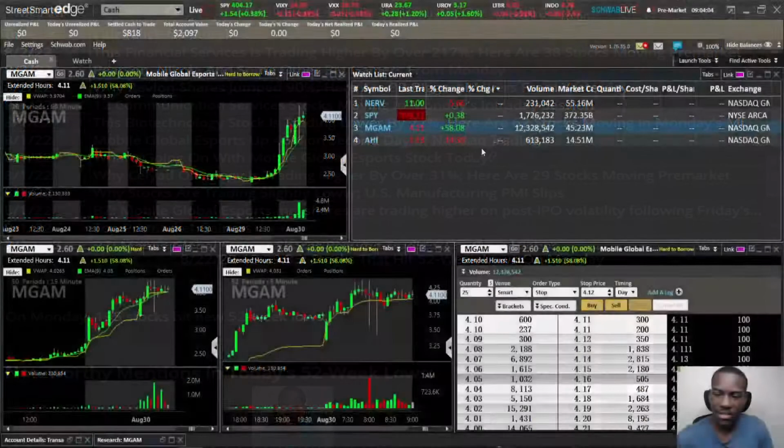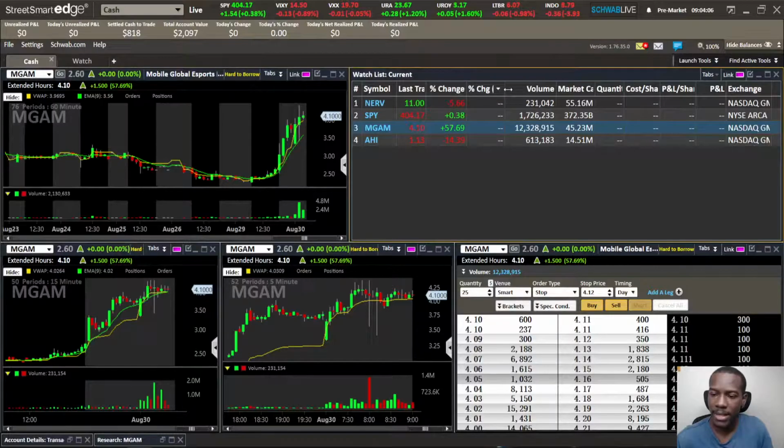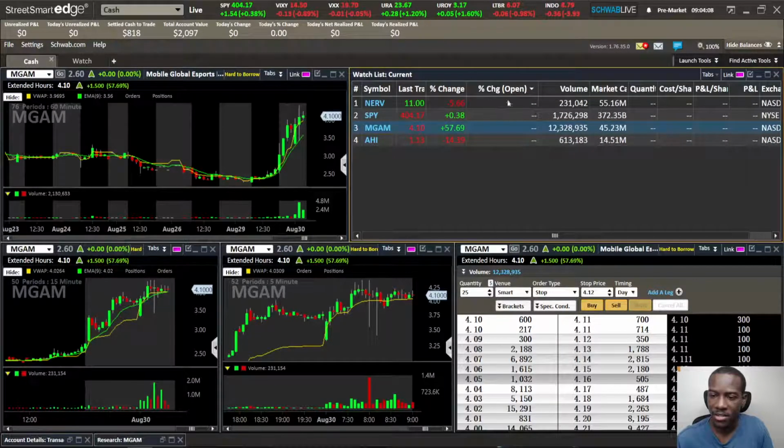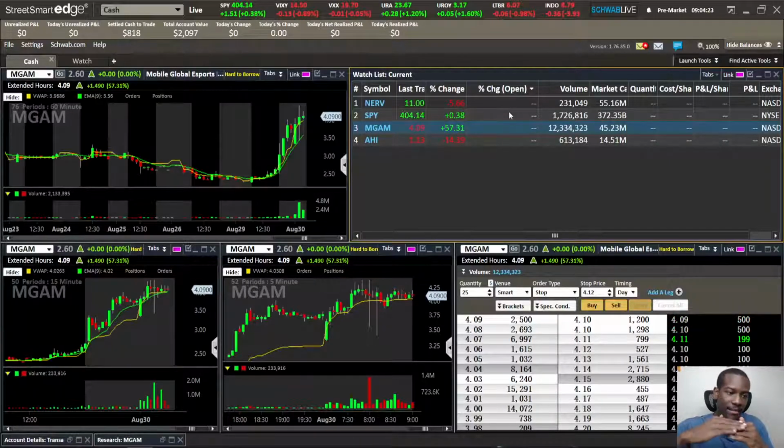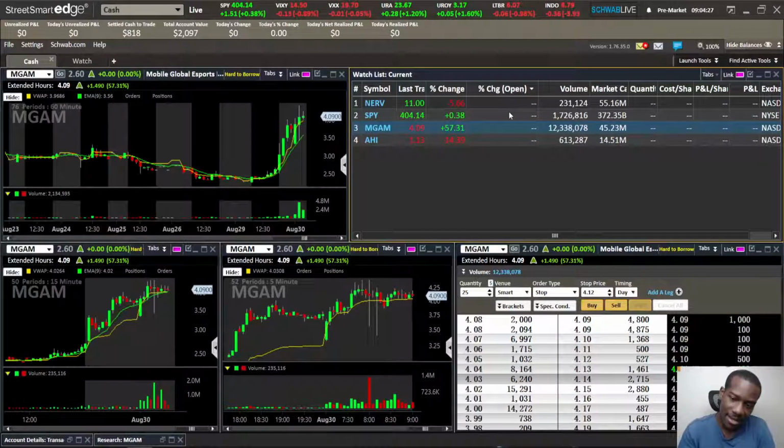Basically it does the same thing that Street Smart Edge does over here. This change from open starts to calculate as soon as the numbers start to open. One thing I have had problems with though: some stocks, if they open and have spotty movement before they receive volume, it does not calculate those because it can't tell where the open was.